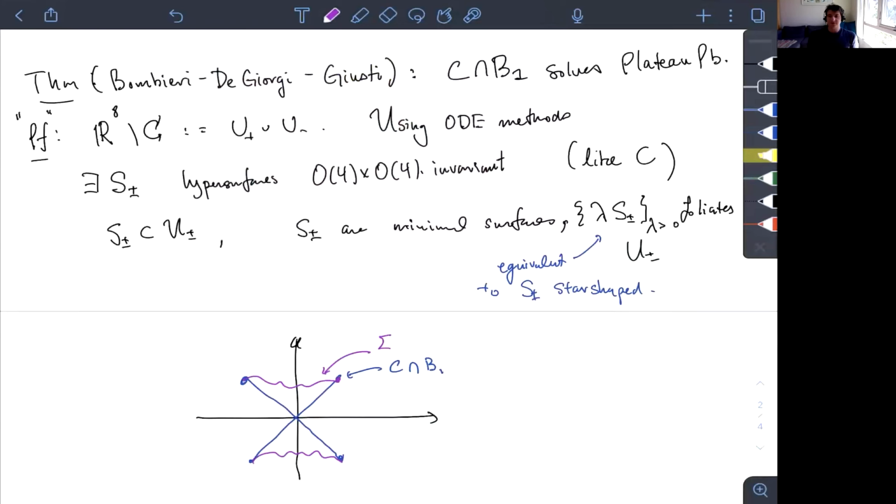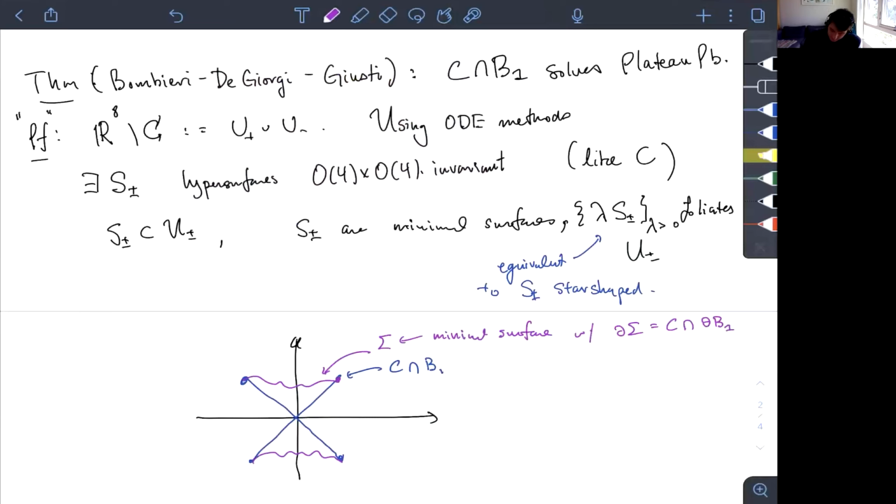If there was some competitor sigma which had less area than the cone, then we could actually solve the Plateau problem and find a minimal surface sigma with boundary sigma the same as C intersect the boundary of the ball of radius 1. The actual proof doesn't quite need this, but it is a useful way of keeping in mind how to think about things.